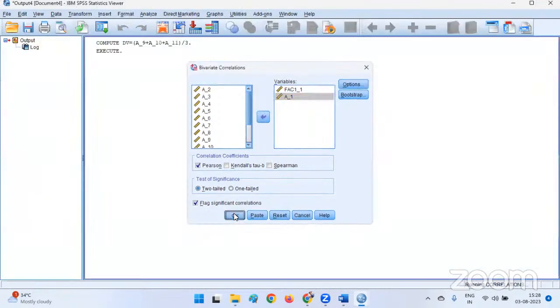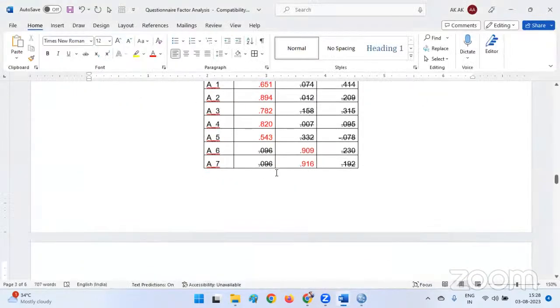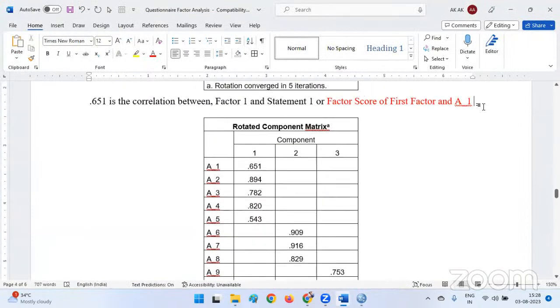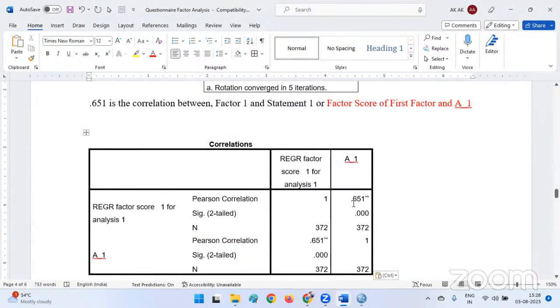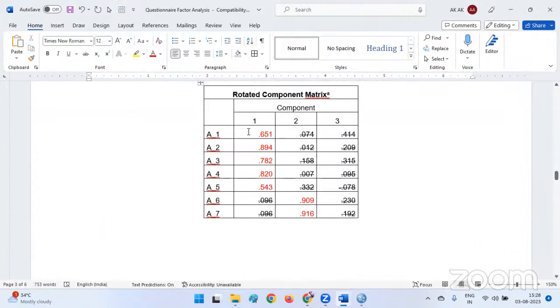Let us calculate their correlation and paste it. This is 0.651, and this is also 0.65. So this says that the factor loading is the correlation between factor and statement.